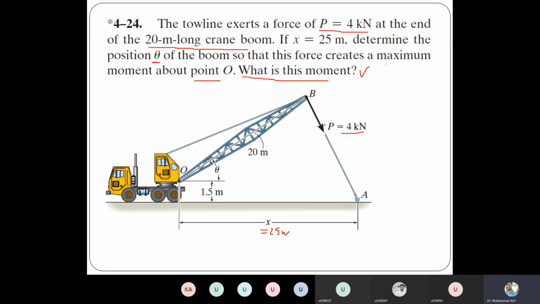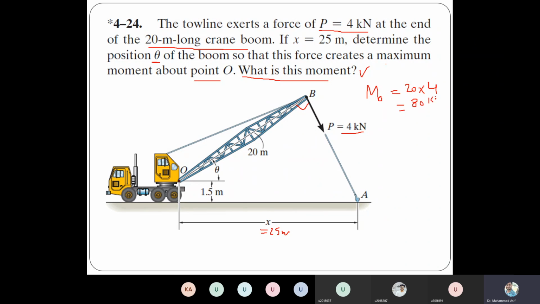At 90 degree. Yes, you're right. When this angle is 90 degree, then this will produce maximum moment. So what is the maximum moment about point O? The maximum moment will be the force times the perpendicular distance. The perpendicular distance is 20 meter, so 20 meter times that force, which is 4 kilonewton, is equal to 80 kilonewton meter.